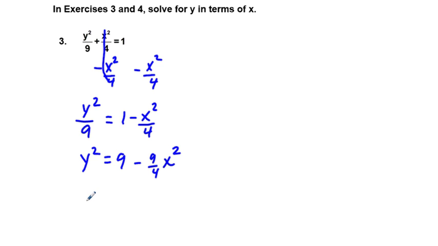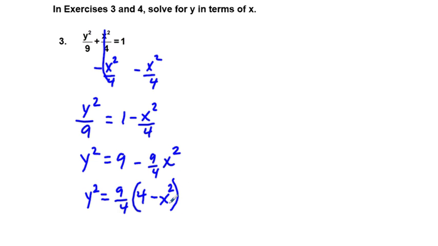So we'll say y squared is equal to 9/4. Well, 9/4 times what equals 9? Well, that's going to be 4. And then minus x squared.